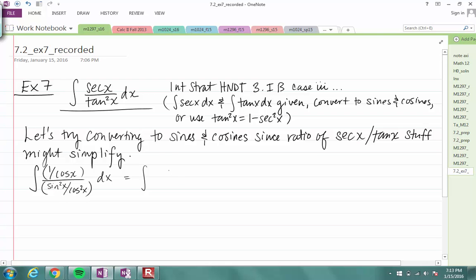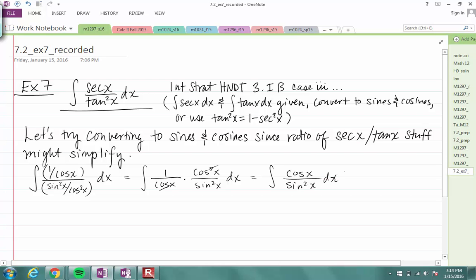I'm going to write this out as 1 over cosine times cosine squared over sine squared, multiplying by the reciprocal here. And, lucky day, we got a pair of cosines that are going to cancel. So then what we'll have is cosine over sine squared.